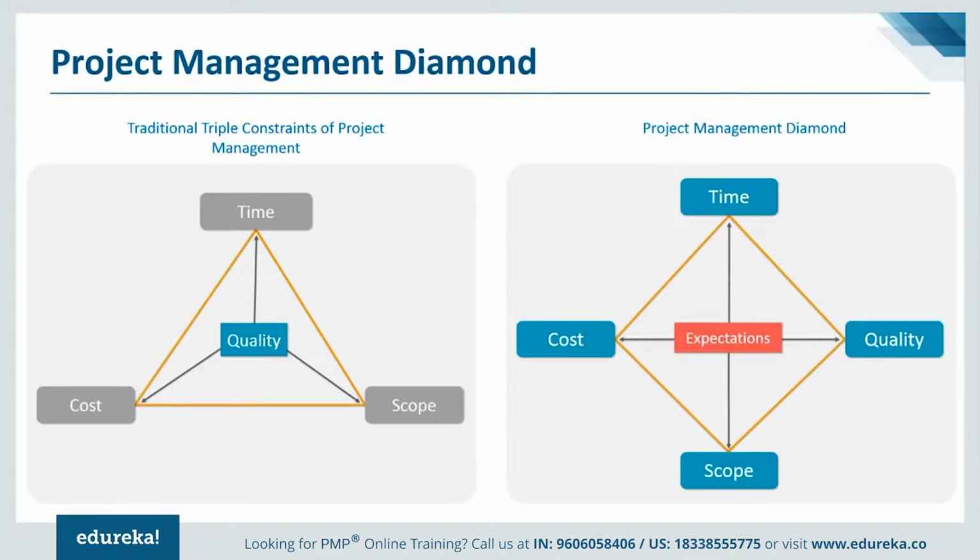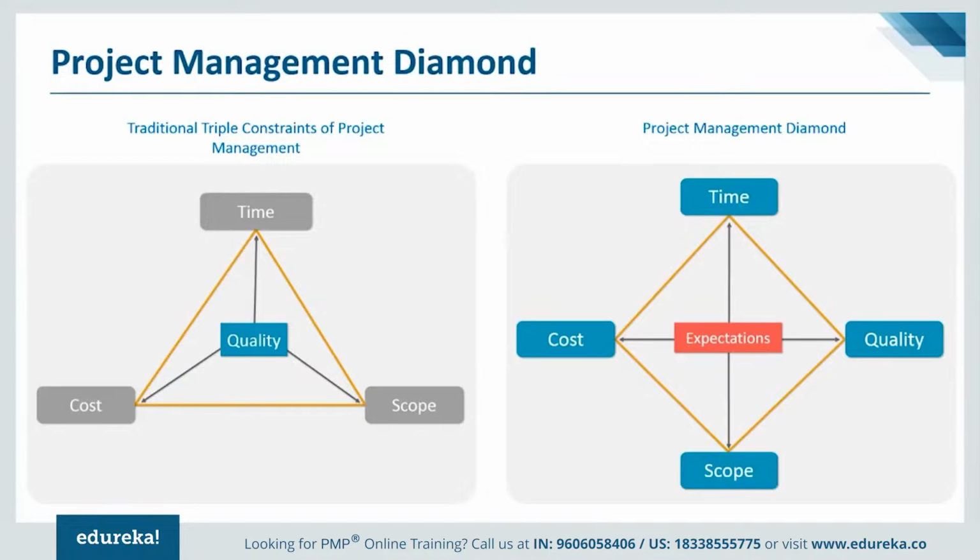So it's time, cost, quality, scope, resource, risk, and I also look at customer satisfaction as one of the constraints, because customer satisfaction is not achieved if you are not able to deliver the project within schedule and within budget. So it's very important for us to also make sure that we achieve customer satisfaction.